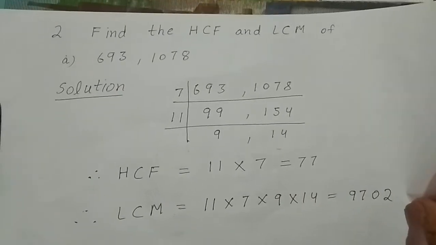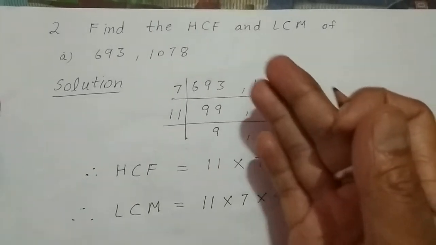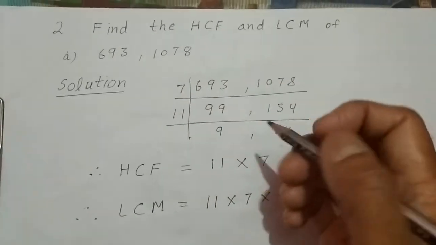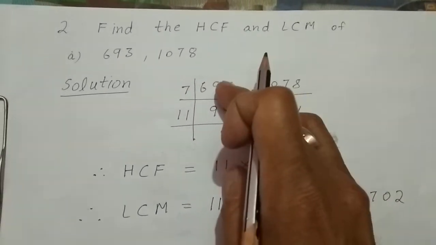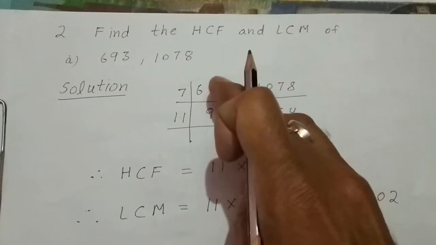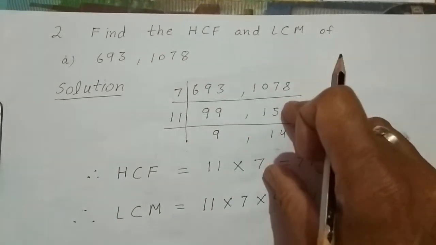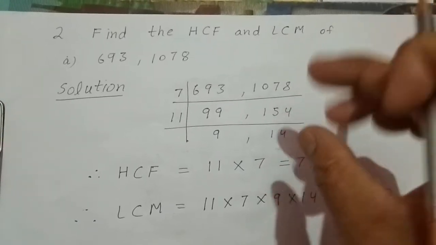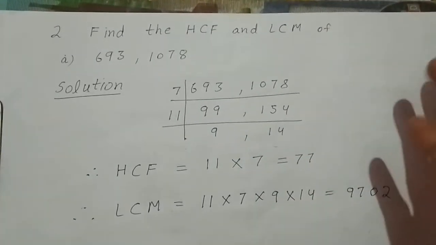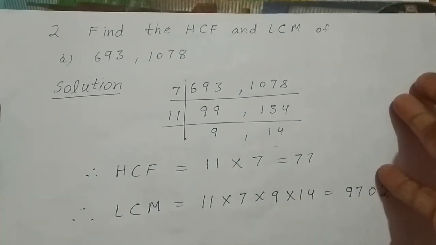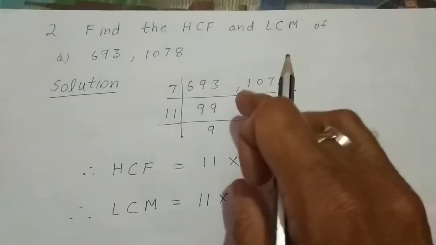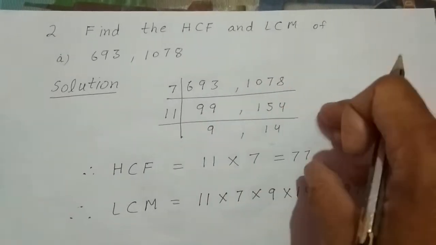If you have a problem, you can find out HCF separately, as I have explained. First do the prime factorization of this number, and then of this number, then find out the common factors, then multiply the common factors, and you will get HCF. And for LCM you have to do this division method.